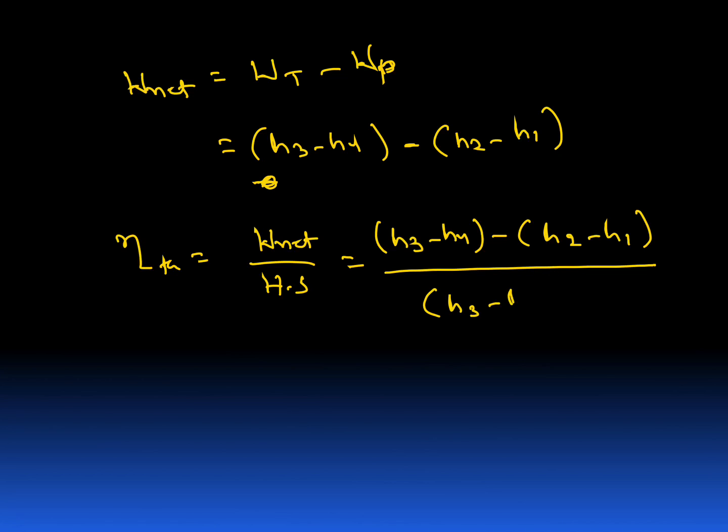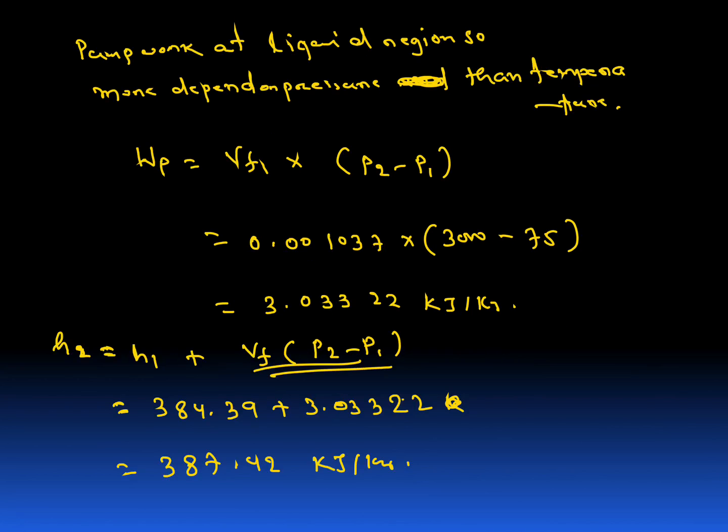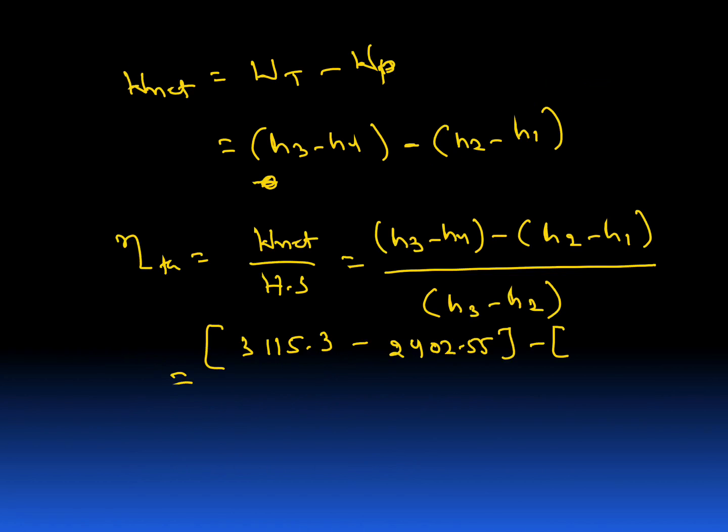Just put the data: 3115.3, already given in this question. H4 we already calculated, 2402.55, minus... H2 we calculated, but it is not required also. Directly you can write the pump work, 3.03322.